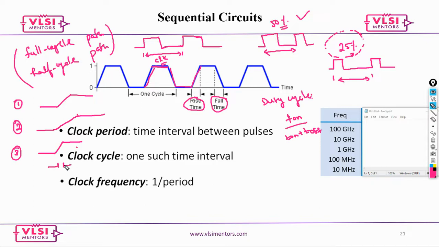I want you guys to go back and spend some time on it so that you are able to understand this. The amount of time is basically from here to here: say in this case a 100 ps transition, this is a 300 ps transition, and this is a 200 ps transition.